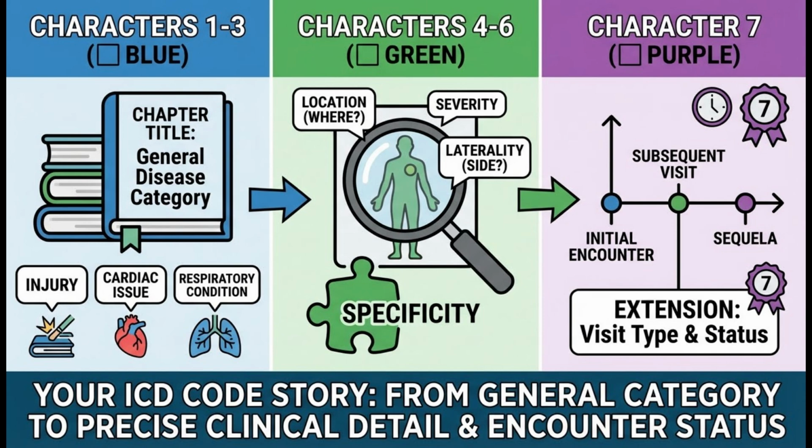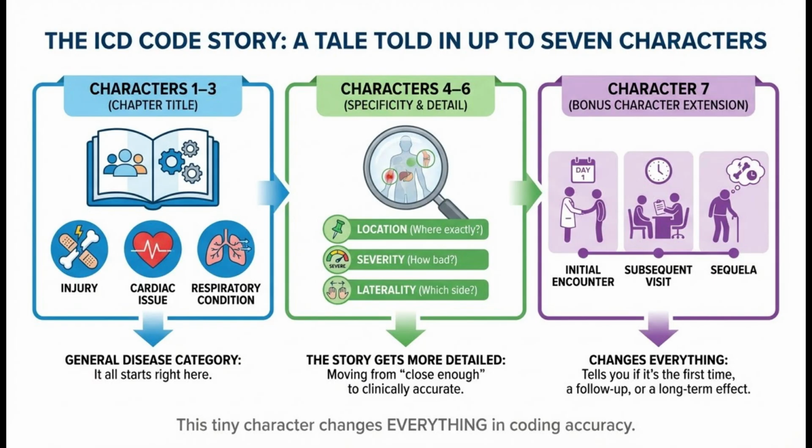Characters 4 through 6. Now the story gets more detailed. These characters add specificity. Things like where exactly is the condition, location, how severe is it, which side of the body, laterality. This is where you move from close enough to clinically accurate. Character 7.